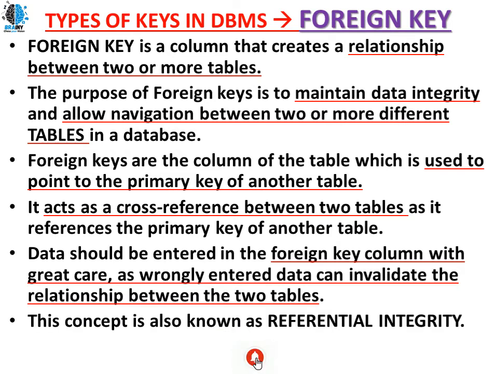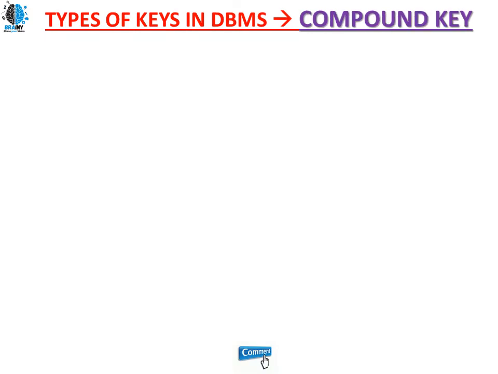Next, this concept is also called referential integrity. Referential integrity means you are going to refer one particular table from the other table. You are going to have the references. So this concept of foreign key is also called referential integrity.